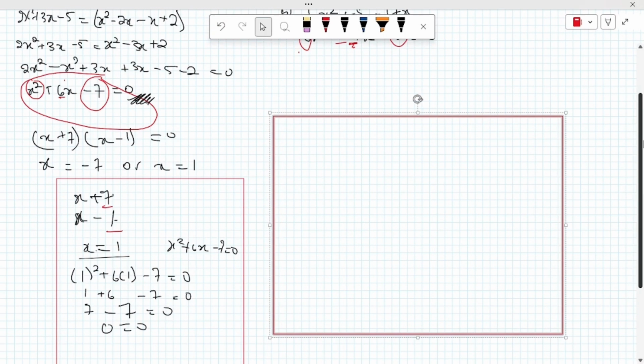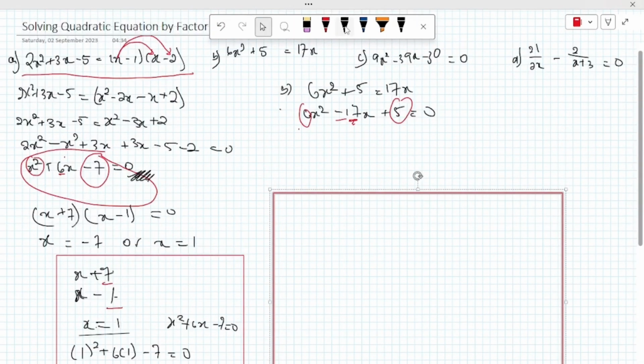Okay, so basically now, how are we going to go about it? Now we're going to look at the values of 6 and 5.